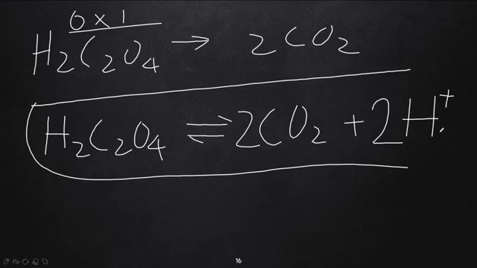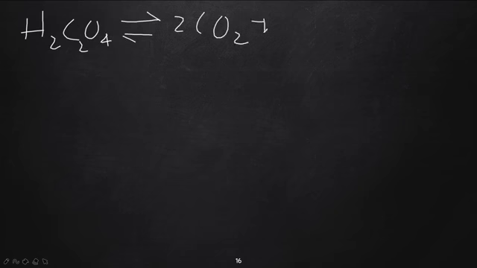For the oxidation half equation, the only charge we need to balance in this case is the hydrogen ion coming in. So H2C2O4, a reversible reaction, gives us 2CO2 plus 2H plus.